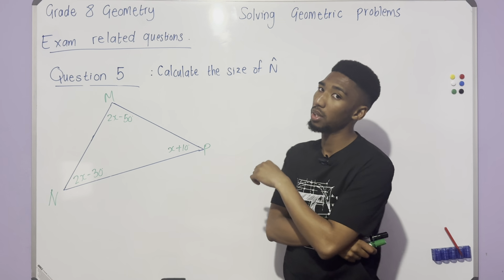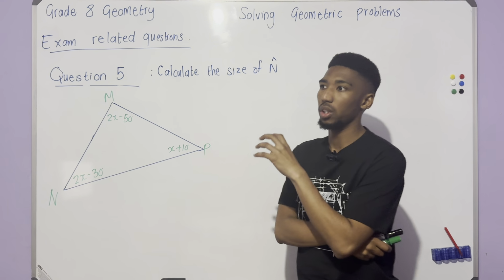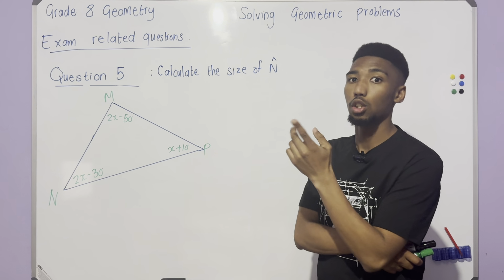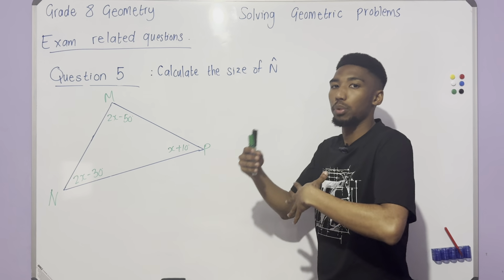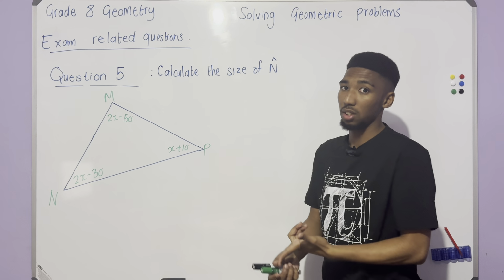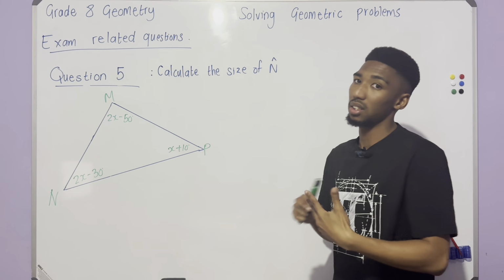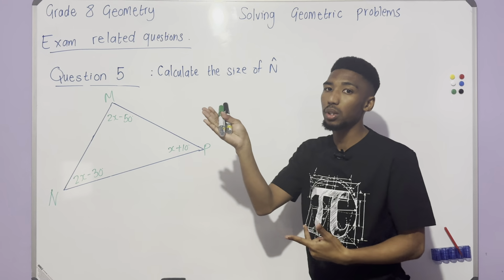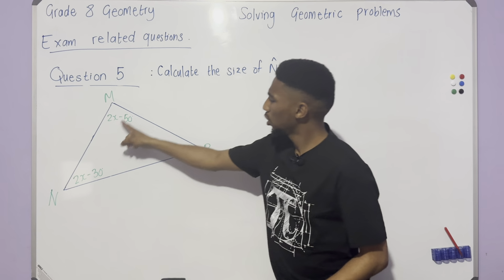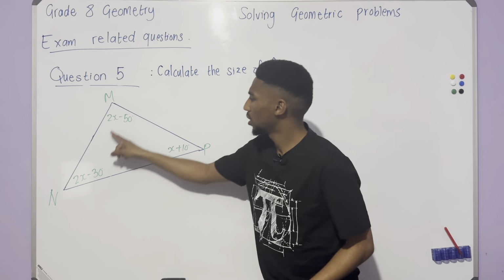Now, as per the previous question, when they all have the same variable, you may create an equation from the properties of, for example, over here, a triangle. Previously, we created an equation from co-interior angles. What do we know about angles within a triangle?